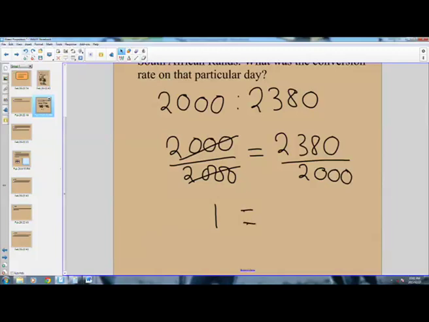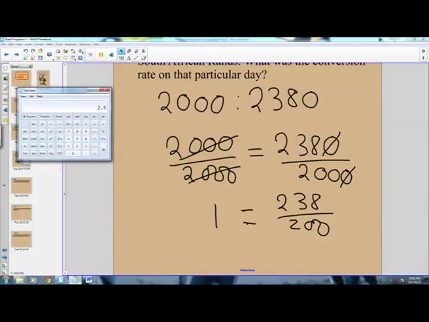It's equal to, now 2,380 divided by 2,000. This 0 will cancel this. So we get 238 divided by 200. This is what we have. Let us take our calculator and then compute this. 238 divided by 200, not 2,000, but 200.